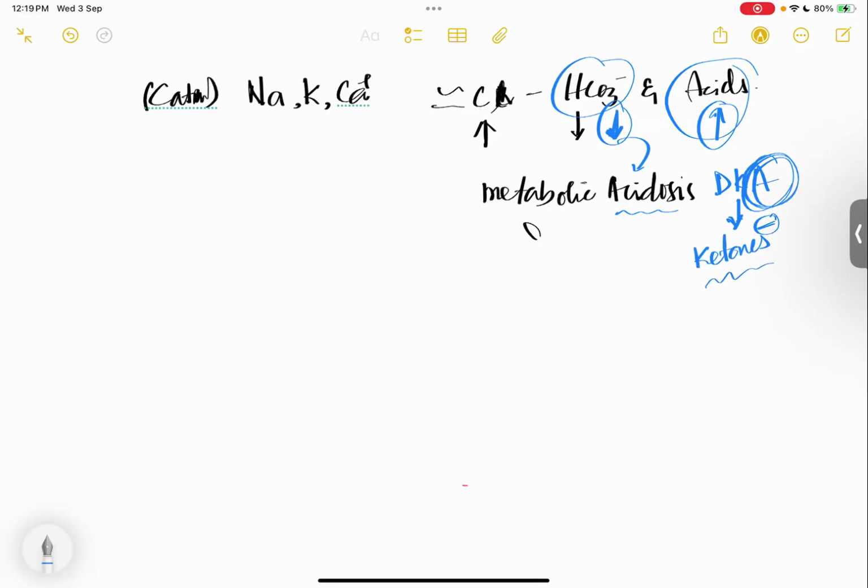A similar concept applies to other acids. So whenever you come to questions with DKA or other conditions I am going to explain now, you will have this basic concept, okay?